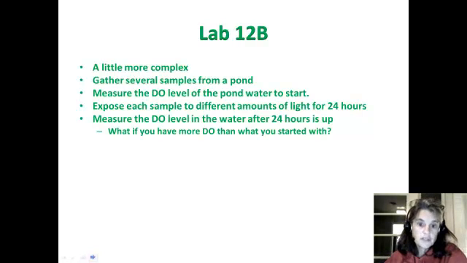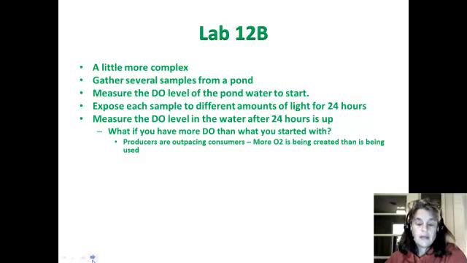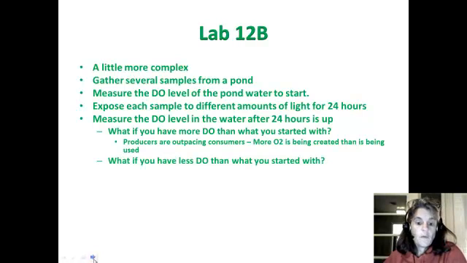What if we have more dissolved oxygen than what we started with? If we do, then we know that the producers are going crazy and they're producing lots of oxygen, more than any consumers in the water can use. And that's a pretty productive ecosystem. What if we have less dissolved oxygen than what we started with? Well, in that case, we know that our producers aren't able to crank out the oxygen, aren't able to crank out the glucose.